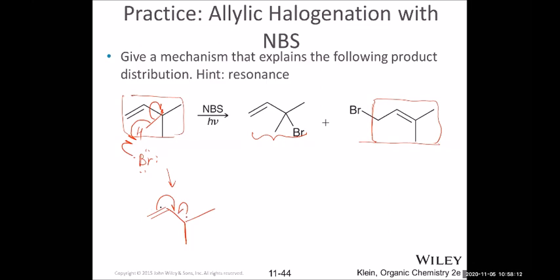And this pair of pi electrons splits. One goes to form the double bond, and the other one becomes the unpaired electron. So here, because of resonance, what we get is a new radical. The resonance gives us a new location for the unpaired electron.